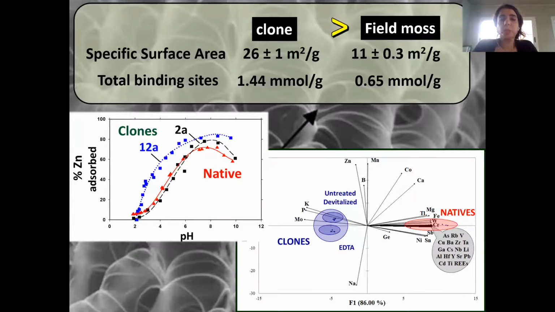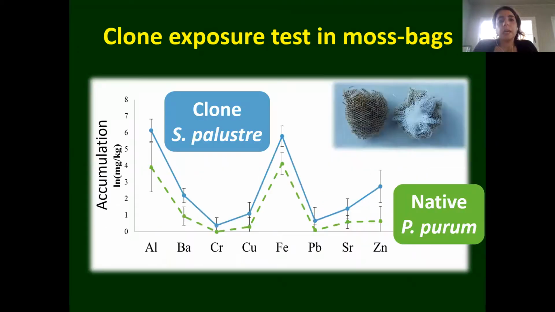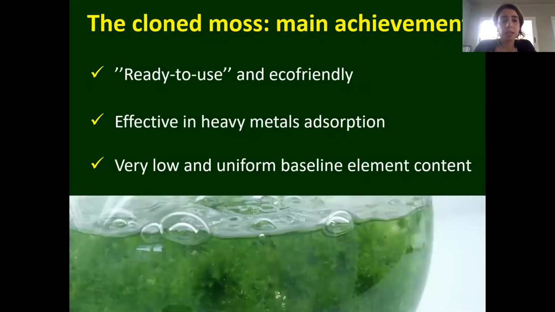For example, we compared with the field moss, so the same moss species collected in nature, and we did different analyses. And also we compared with moss bags applications with another type of moss. And in general, we saw that mosses produced in the lab are a very ready-to-use material. We can produce in lab and use directly, avoiding treatment and collection in nature.